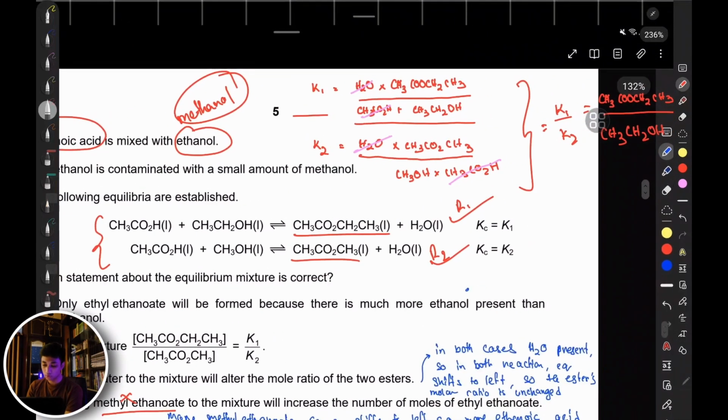For K2, we have H2O times methyl ethanoate, and in the denominator, we have methanol and ethanoic acid. Since water and ethanoic acid are the common product and reactant respectively, I have cancelled them.